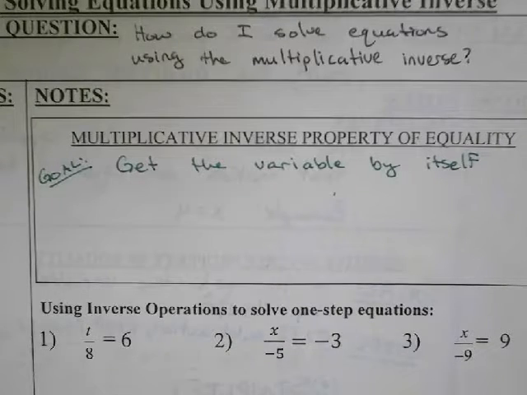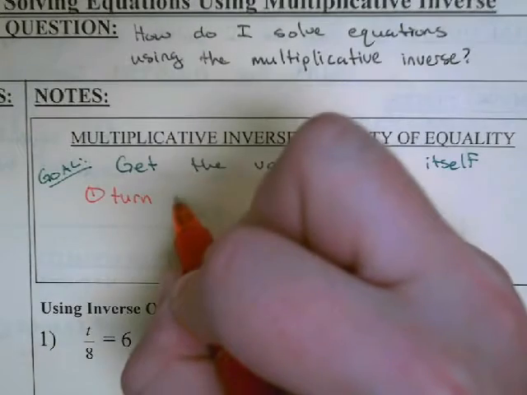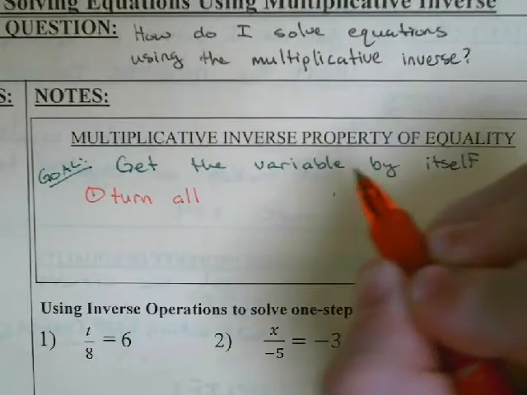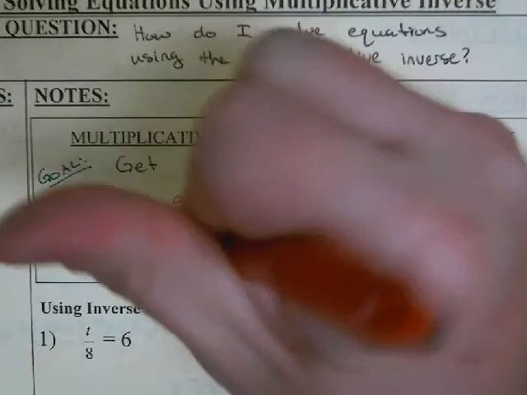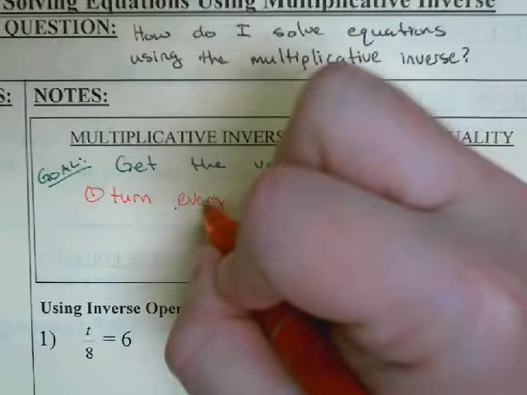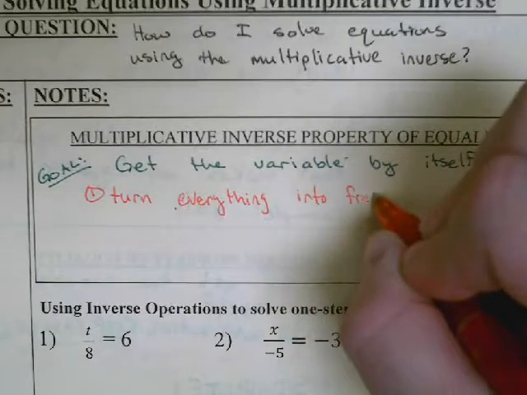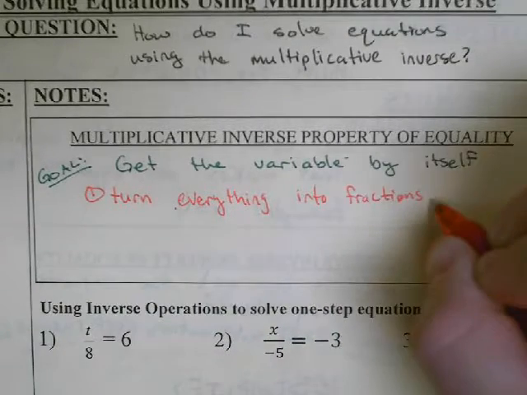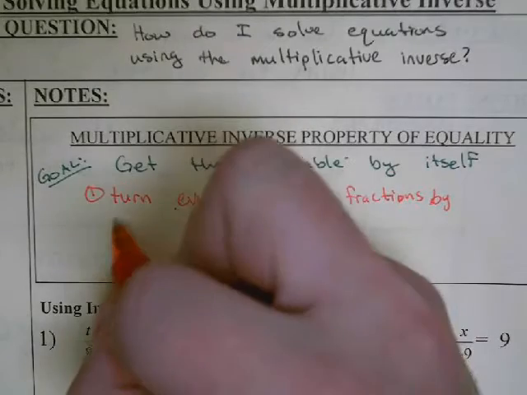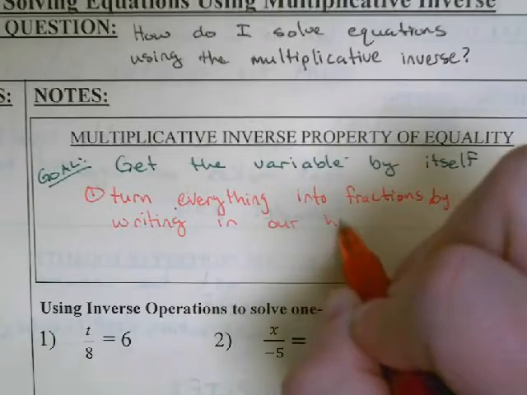So the first step we'll do is turn everything into fractions by writing in our hidden ones.